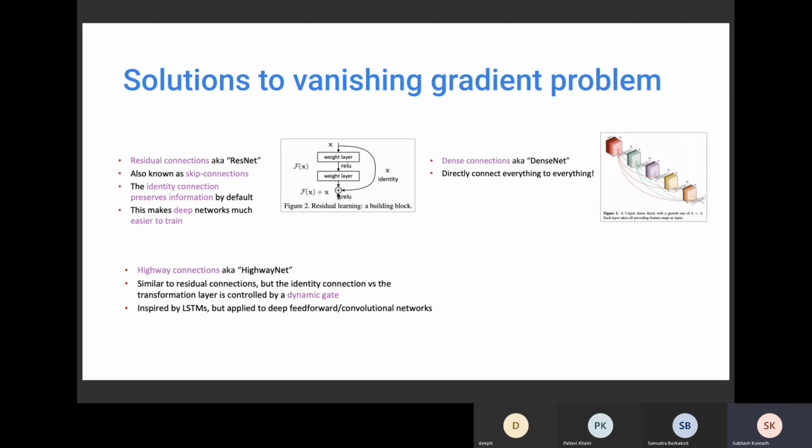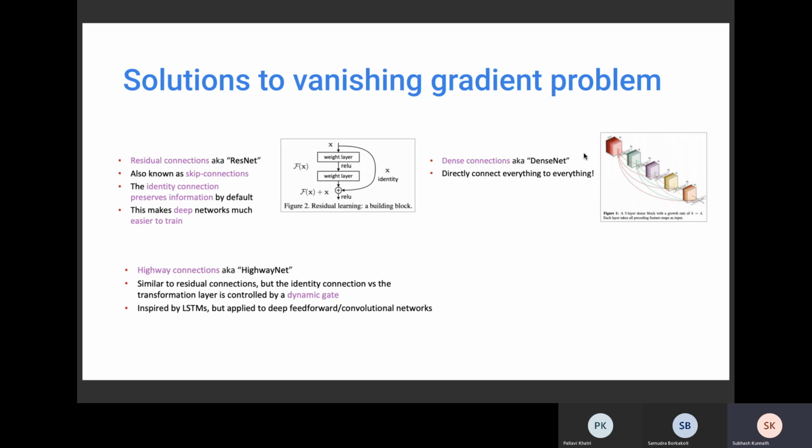It's been seen that with these connections, long-term dependencies can be captured. There is always one more input coming directly to this particular layer.